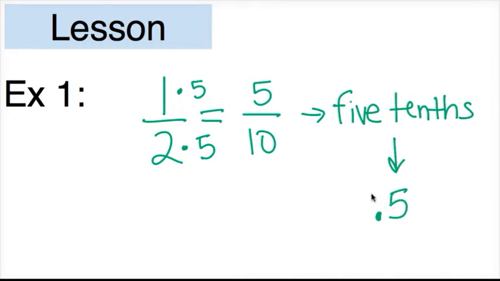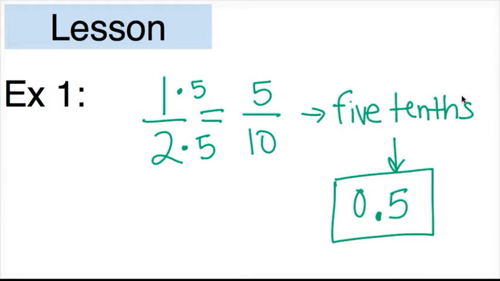Hopefully that's what you thought. You could put the 0 in front or not. Writing it out in words while you're practicing is not necessary. What is necessary is if you have a denominator that's a power of 10, you should say that fraction to yourself correctly, and the decimal just kind of happens. It's pretty cool.